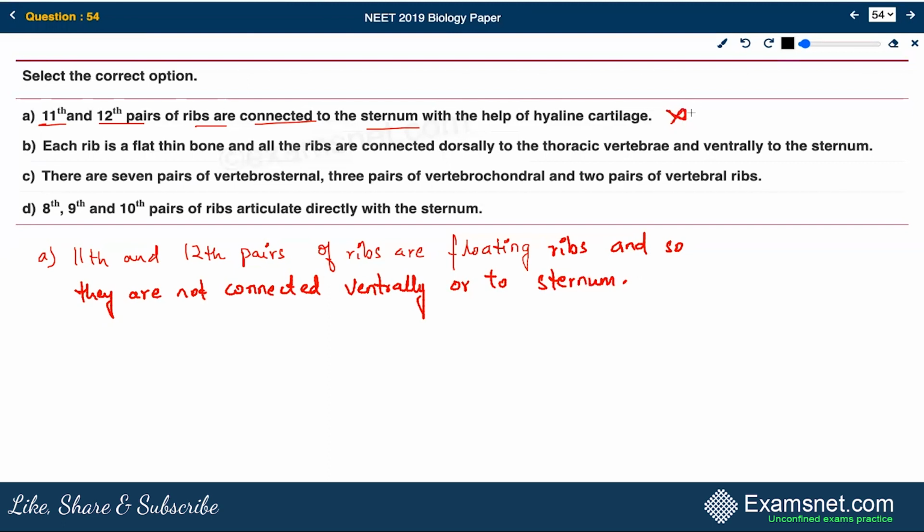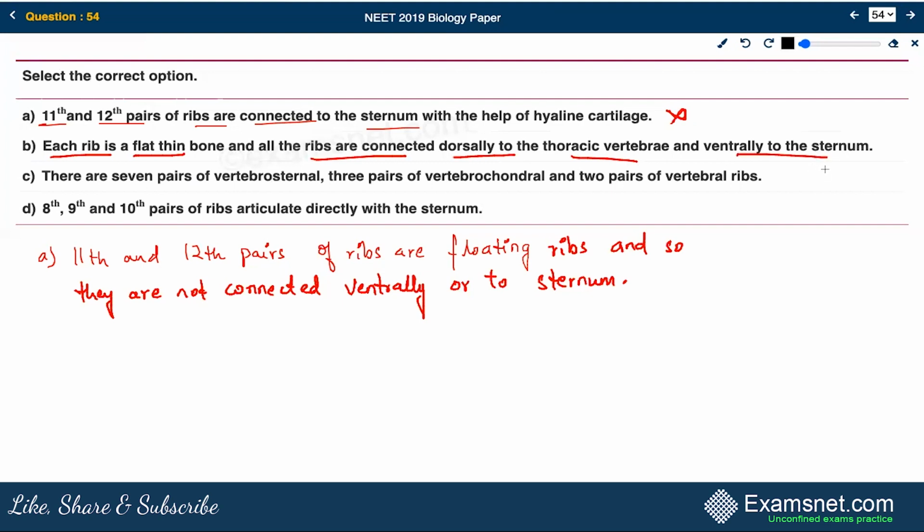Clear? Now, the second statement says that each rib is a thin flat bone, and all the ribs are connected dorsally to the thoracic vertebrae and ventrally to the sternum.